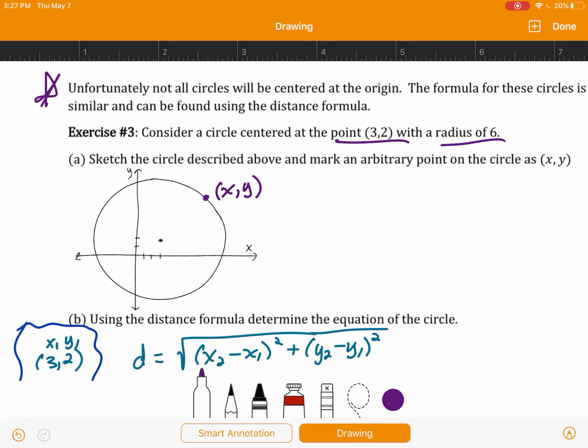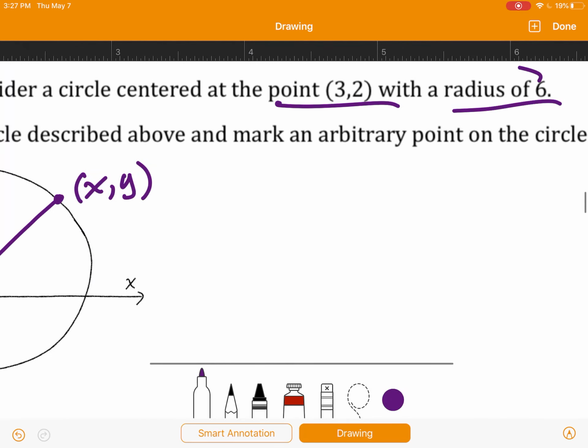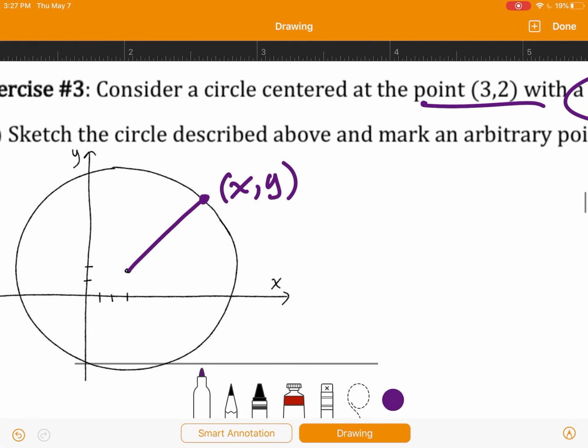We know that the distance between these 2 points has to be 6 because that's the radius. So it doesn't matter where I put x, y. I could have put it up here, I could have put it down there. Wherever I draw it, the radius is always going to be 6.